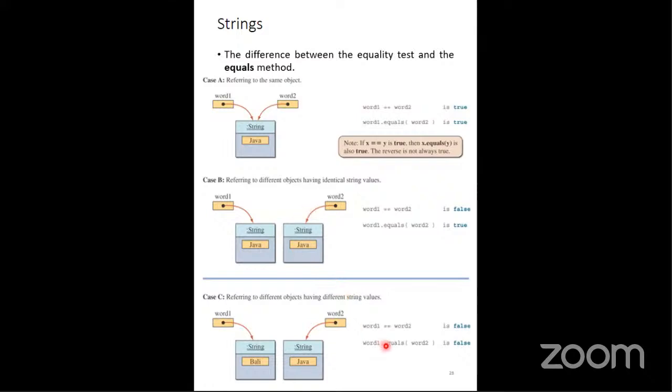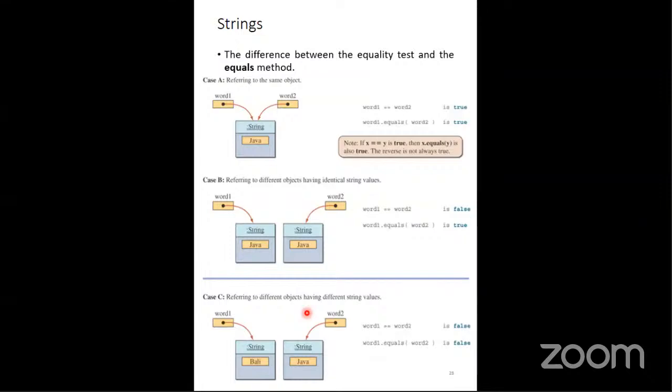Now if I use the equals method, it will also return false because the content of this string is Bali and the content of this string is Java. Content-wise, they are different. So the equals method returns false. I hope this diagram and this example make it clear what the difference is when you compare two strings with the equality operator and with the equals method.